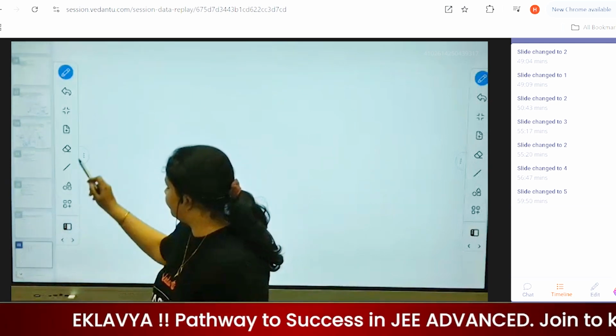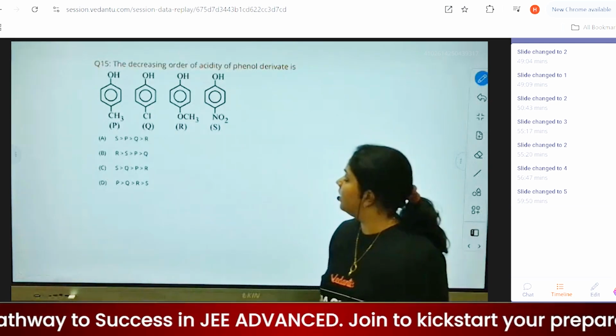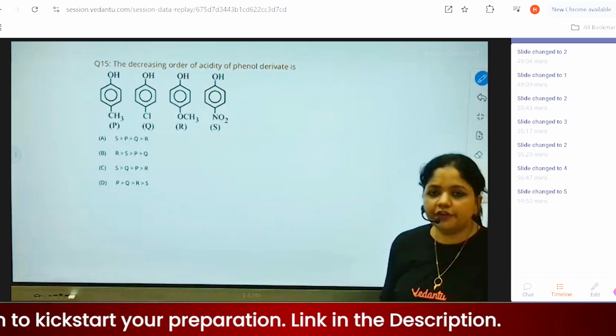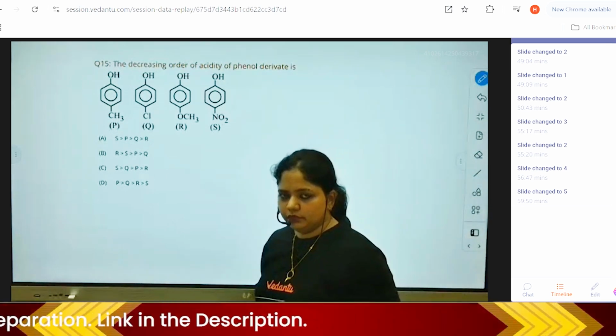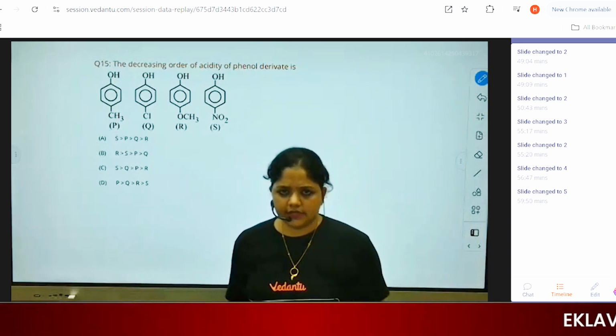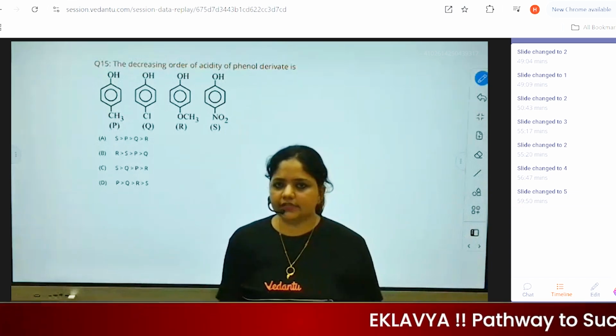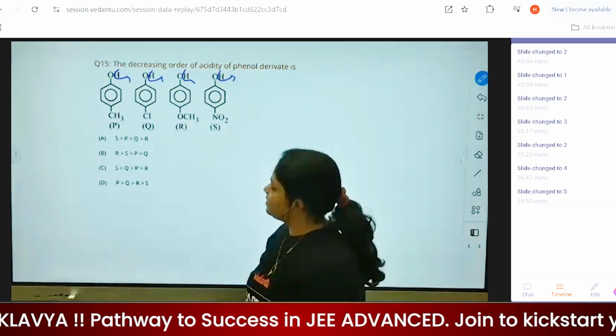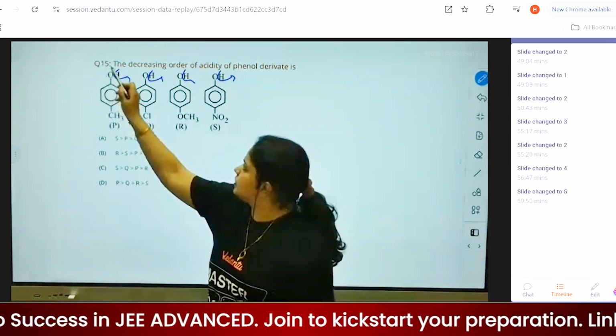Next. The decreasing order of acidity of phenol derivatives is asked. For phenols, and not only phenols, even carboxylic acids, if we have to find the acidic nature, we remove the hydrogen and look at the corresponding conjugate base.